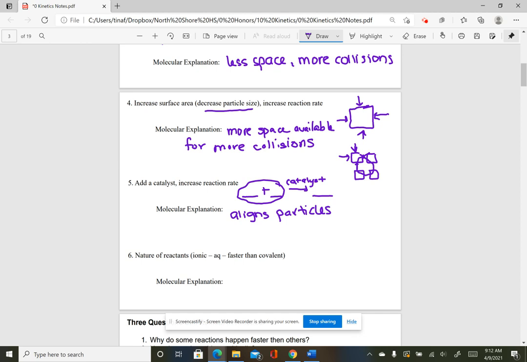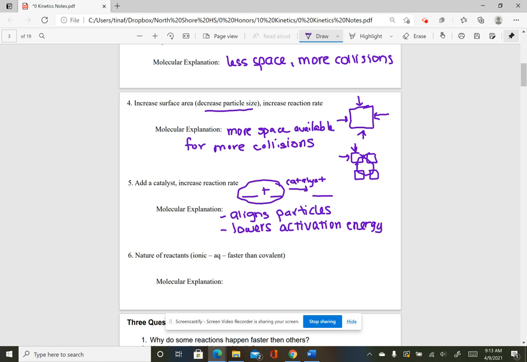So you'll see aligns particles. You might see lowers activation energy. And that's exactly what I just said. They don't have to have as much energy because they're aligned so perfectly.